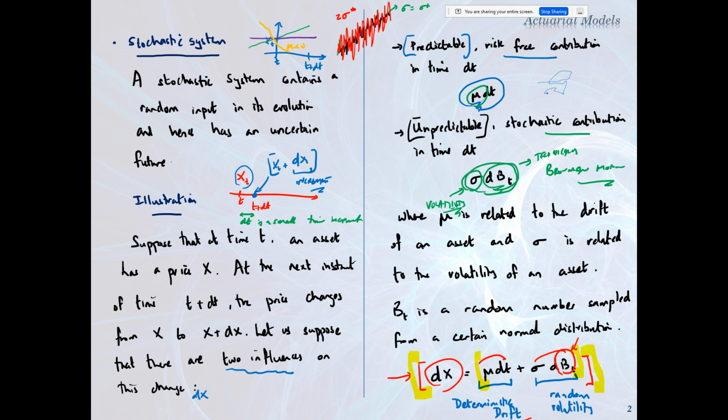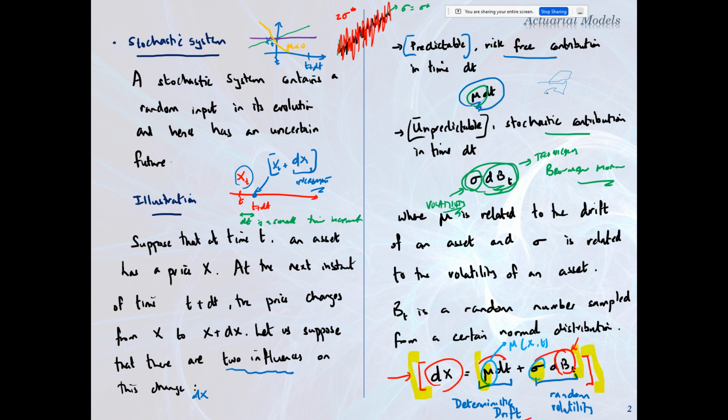So it has this feature of a drift and the feature of the sigma part. But in some cases, your mu may be a function of x itself and of time. So your mu won't be a constant, it will comprise x and t.